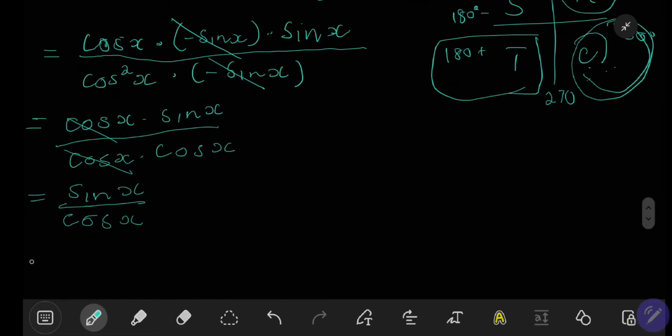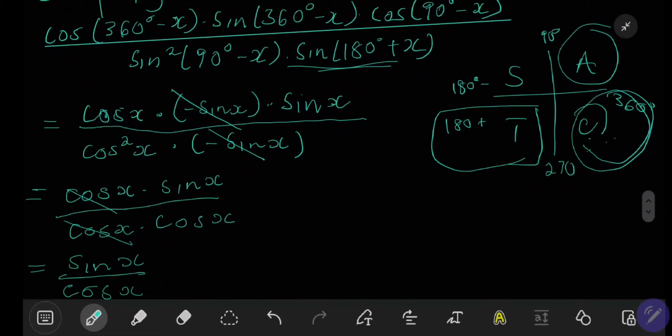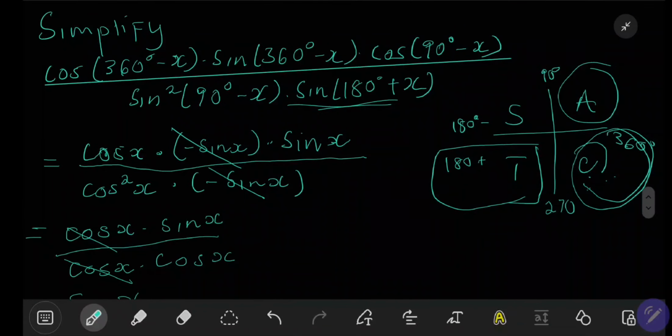When we have sine of x divided by cos of x, this will give us tan of x. Now we have simplified our expression using the reduction formulae. So this is how we can solve this kind of expression if we're given this kind of expressions.